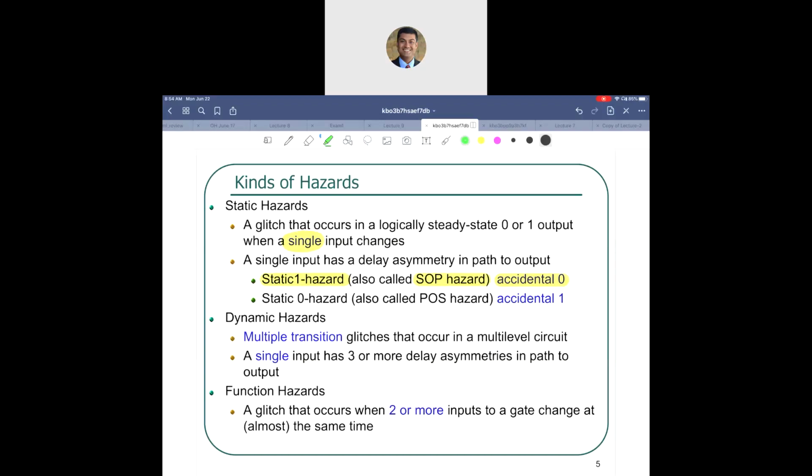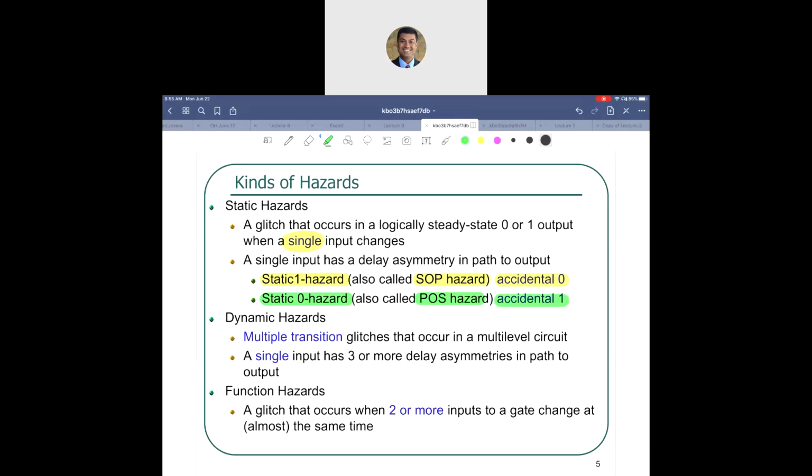Another option is a static 0 hazard. Static 0 hazard is also called the product of sum hazard. And this is a hazard condition in which an accidental 1 could happen. So you are expecting a 0, a 1 occurs, right? That's an accidental 1. So those two are static hazards, and we will be taking a look at detecting and eliminating static hazards.